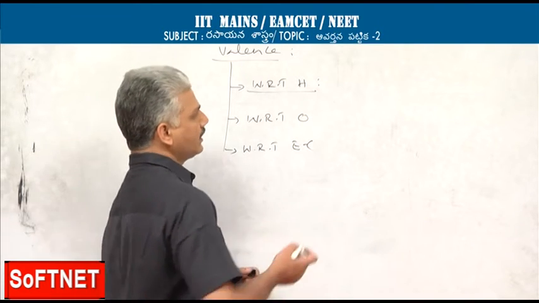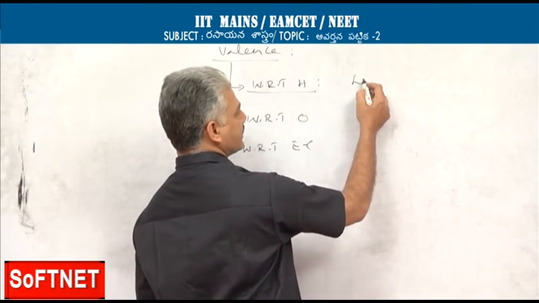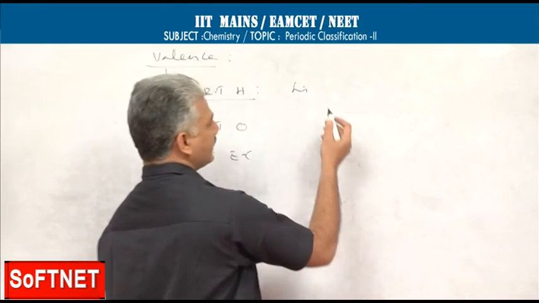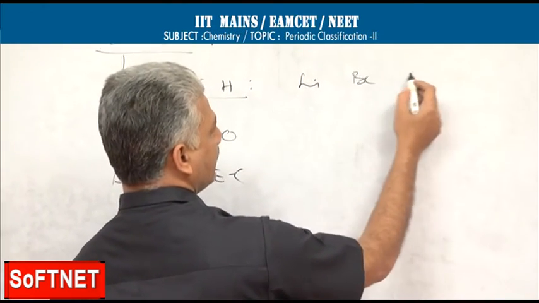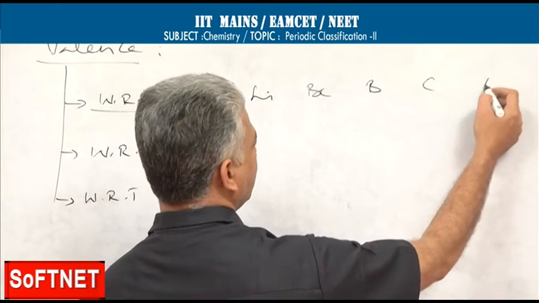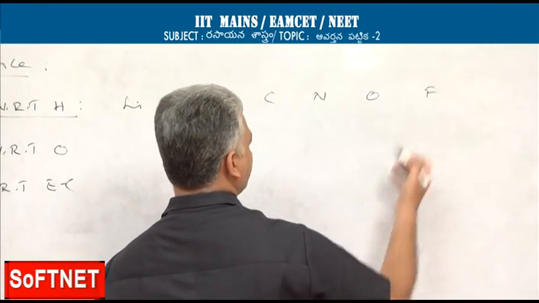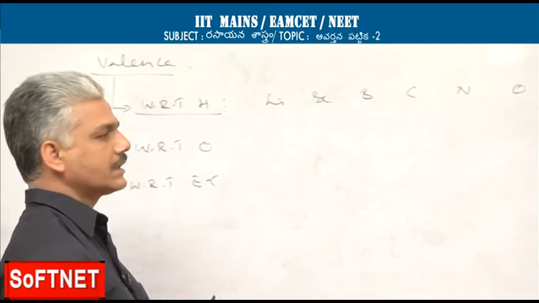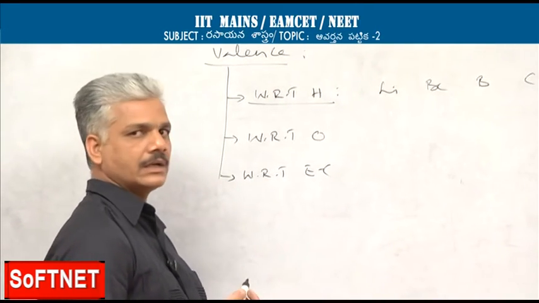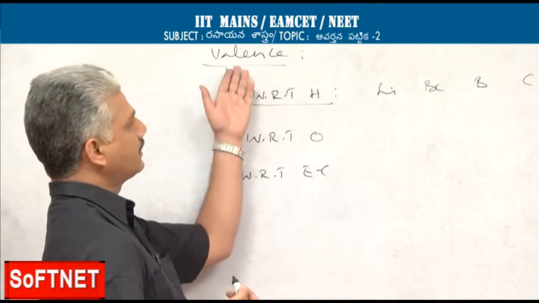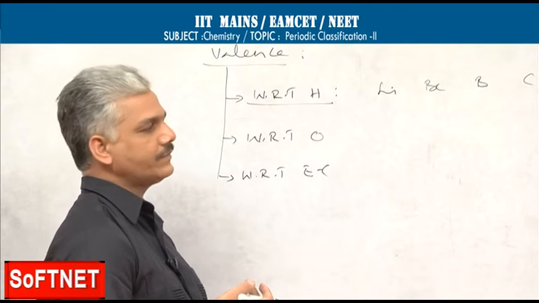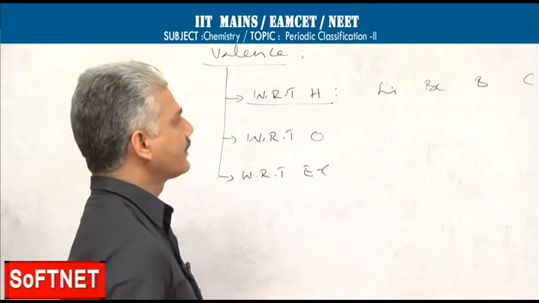Say for example, if you look at the elements present in the second period, the elements are lithium, beryllium, boron, carbon, nitrogen, oxygen, fluorine. Neon is not considered because it is non-reactive in nature and valency is not defined for zero group elements.